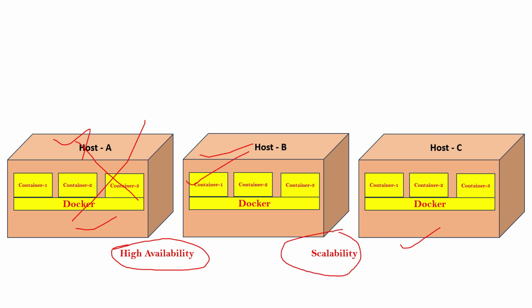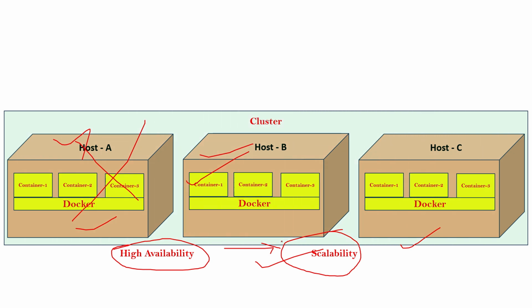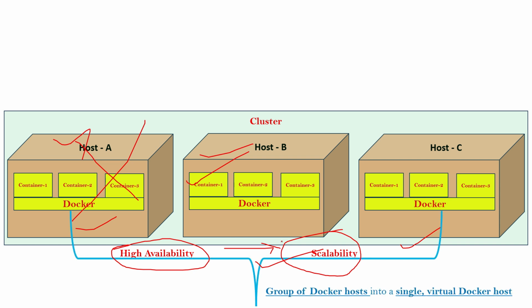Then, with the help of Docker Swarm, you can scale your environment as well by giving a single command, right? So all these make a cluster, because they all are running the similar application. So that we call a cluster. Okay, so this is a group of Docker hosts which are converted into a single virtual Docker host.